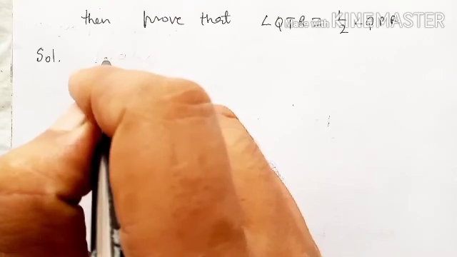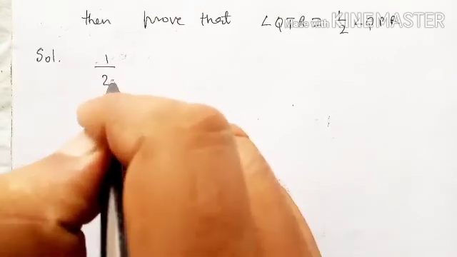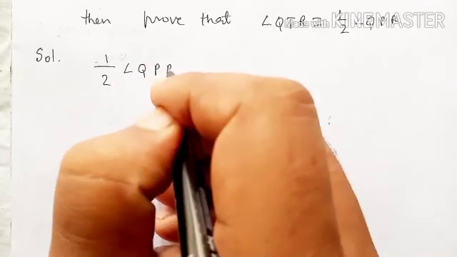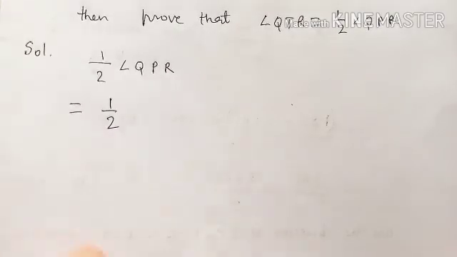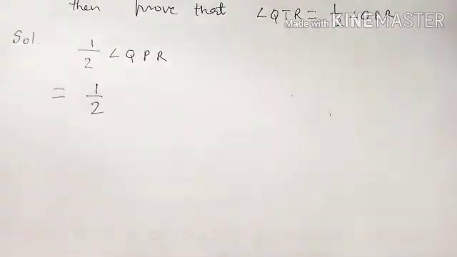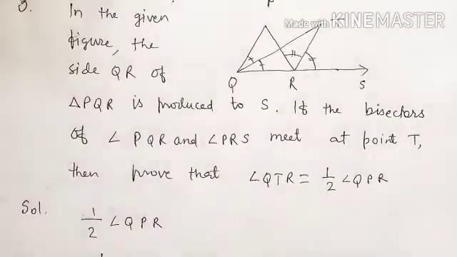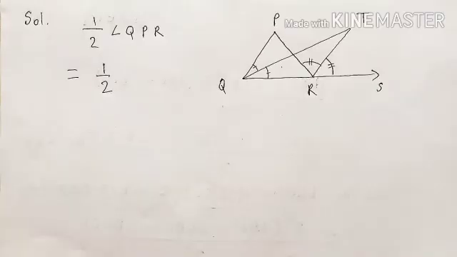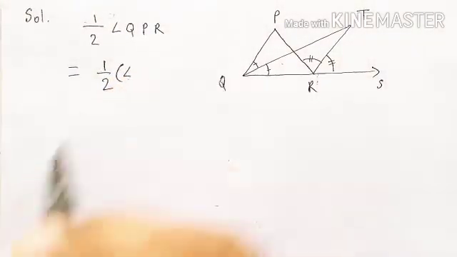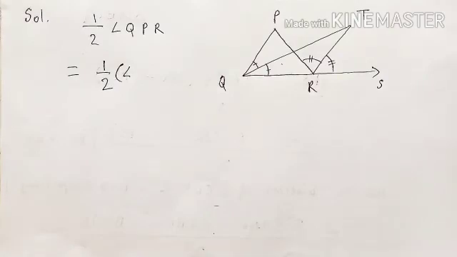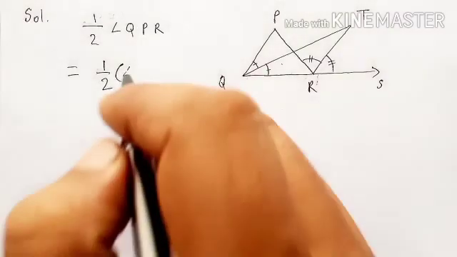Half angle QPR is equal to half angle QPR. You may see the picture. Angle QPR can be written as angle PRS minus angle PQR.